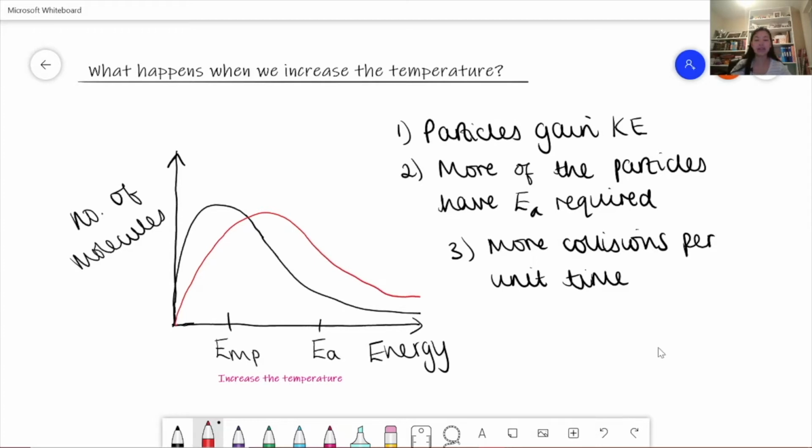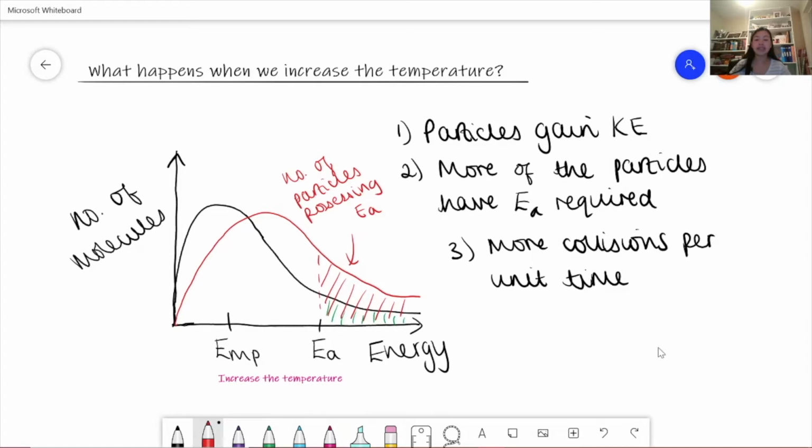So basically what happens is that the activation energy here has stayed the same, but the number of particles which possess this activation energy has increased, because it's this area under the curve here. It has increased from this little tiny section here. So this is the number of particles possessing the activation energy.